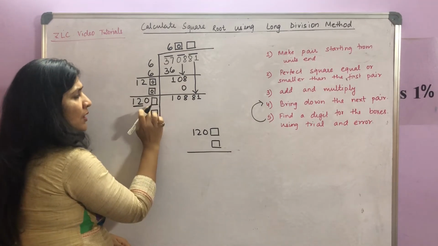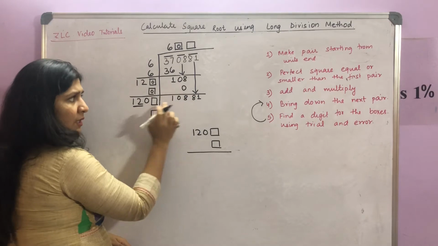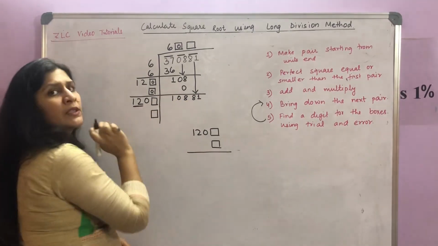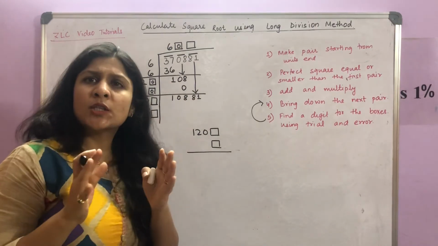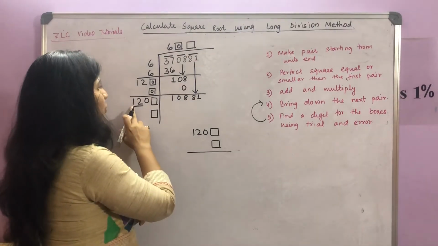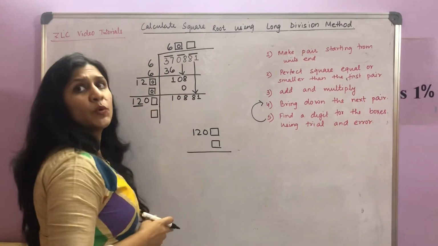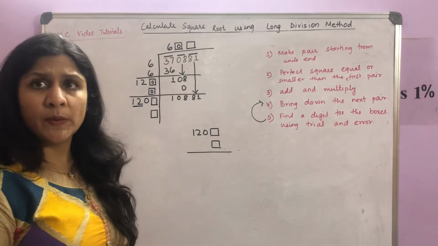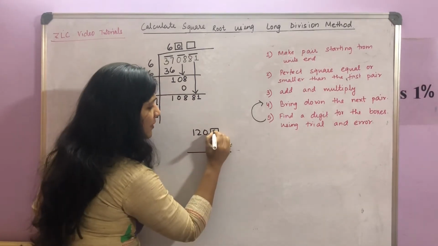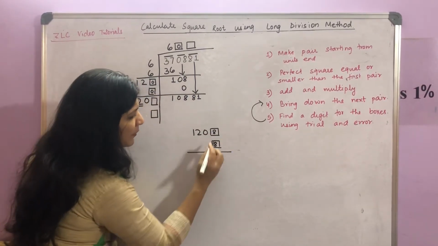I'm going to leave two digits for this and two digits here. So I'm left with 108 here and 12 here, and this will give me an approximate idea about the number that I should start with. So it is 12 and it is 108. We know 12 nines are 108. So I could try with 9 or I could try with 8. Let me try with 8 and see what number I'm going to get.